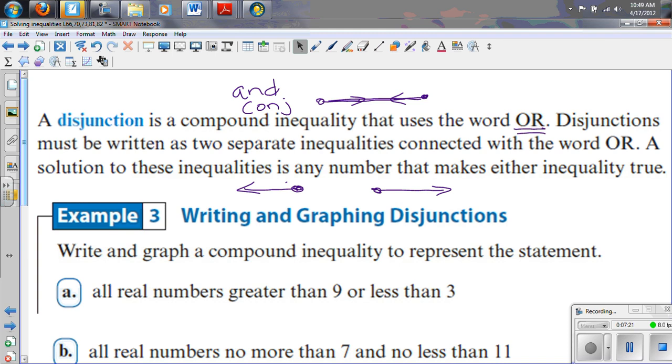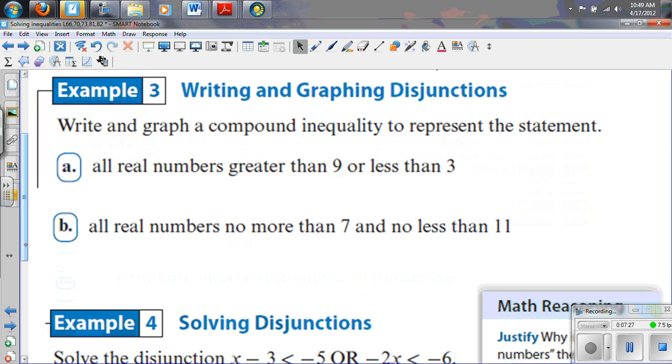So this first problem says, write and graph a compound inequality to represent the statement. All real numbers that are greater than 9 or less than 3. So where x is greater than 9 or x is less than 3. And so we want to combine that.